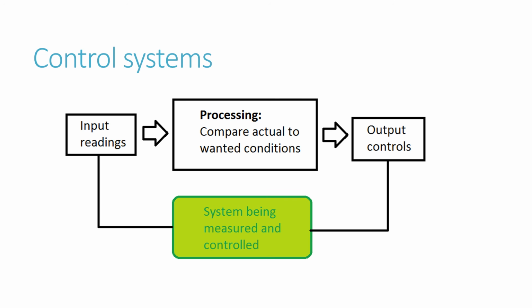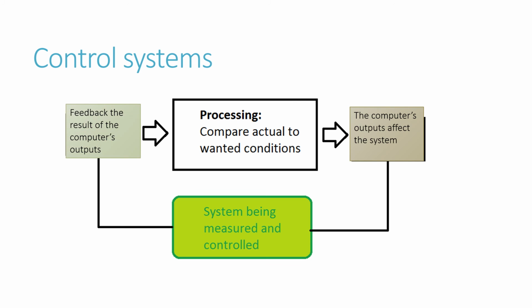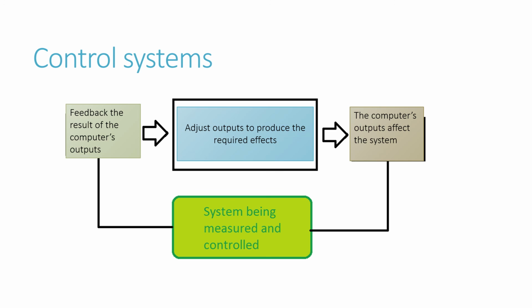And in this way the computer is constantly monitoring and adjusting the system. The computer outputs affect the system, and then the input devices feed back the results into the computer. In this way, the system is maintained constantly at a desired level.